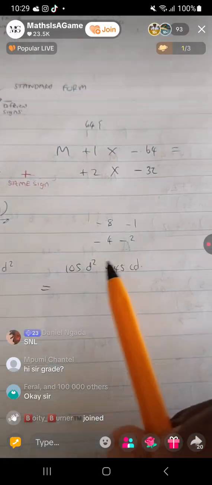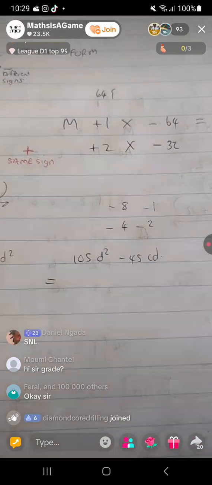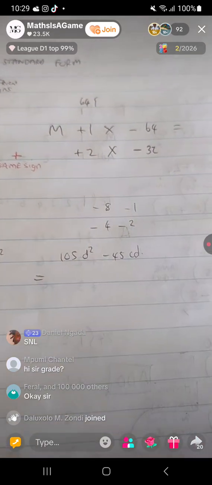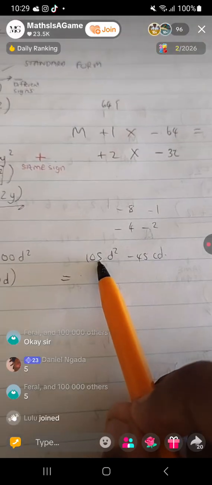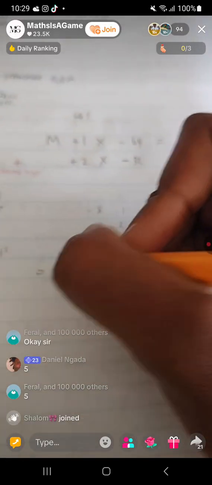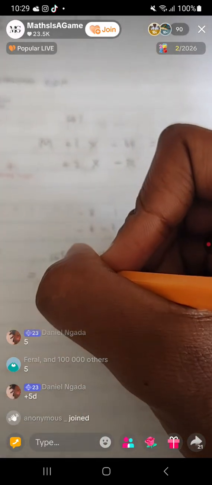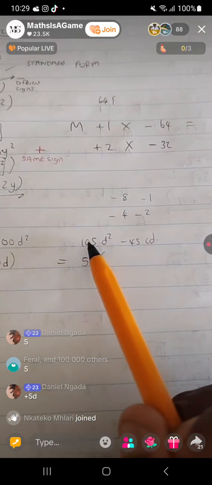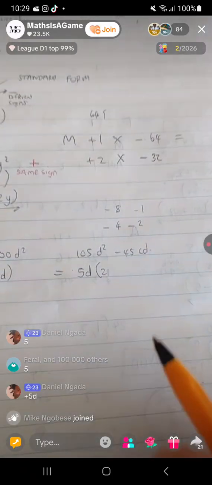Then they would have gone ahead and said, okay, now in this expression, what is the highest common factor from these two terms? Then they would have seen that the highest common factor, sign and number, is 5, positive. Highest common factor letter between d squared and d is d. Then they would have said 5 times what is 105? 21.